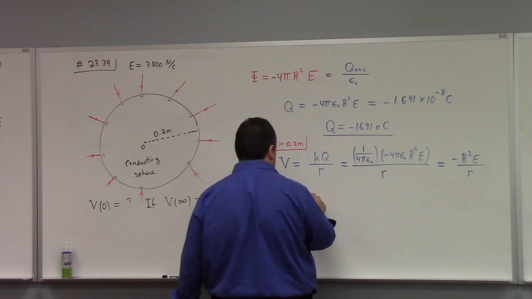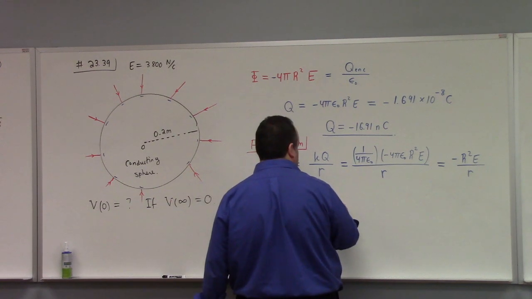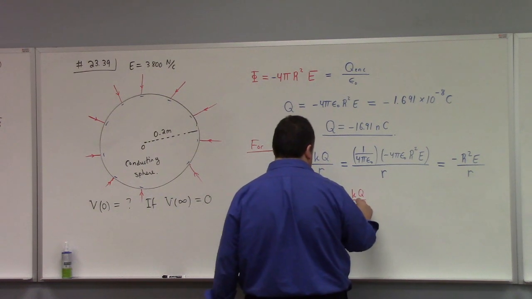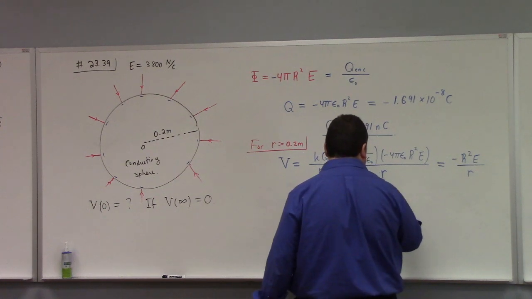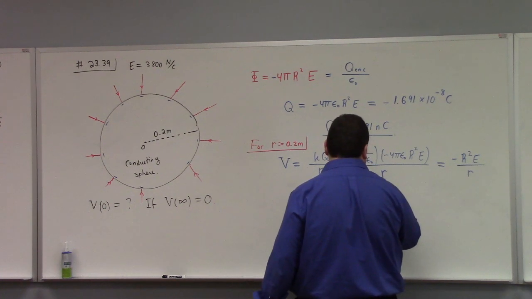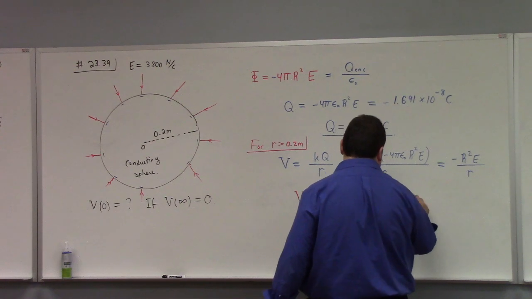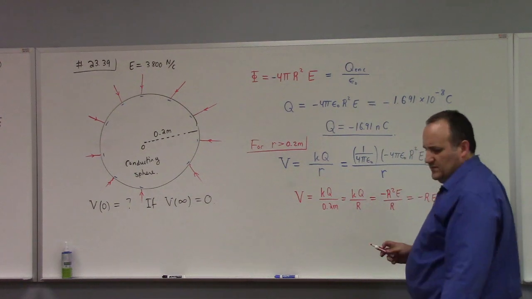So I think we just want to do kQ over the 0.2 meters, which here would be kQ over R. So if I haven't messed something up, we can get it from minus R squared E divided by big R, which is just going to be minus RE.